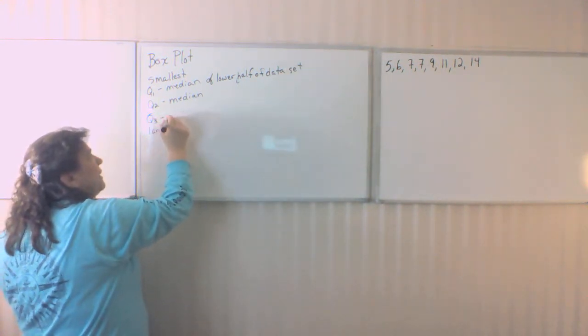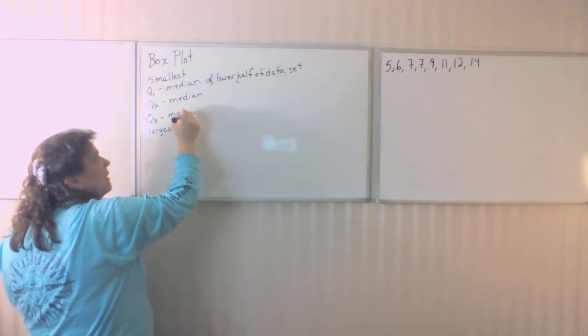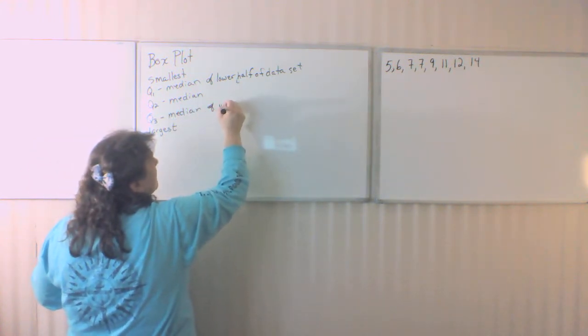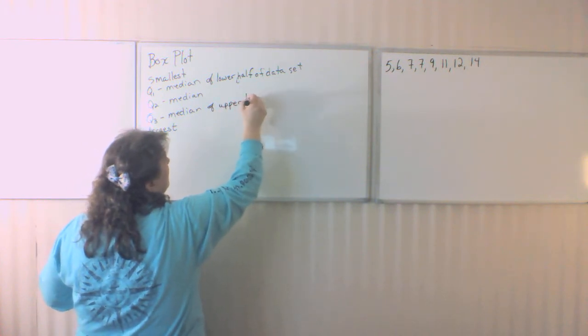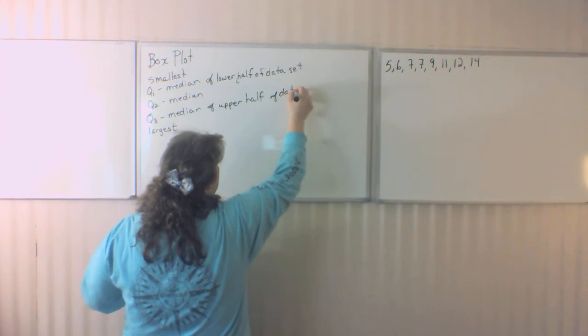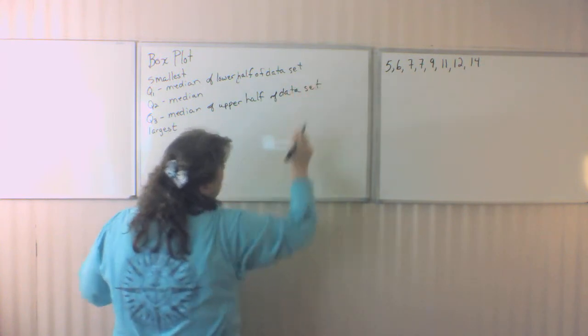And the Q3 is the median of the upper half of the data set. Okay, so those are the values that we need.